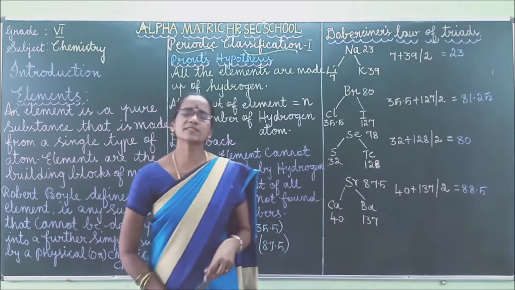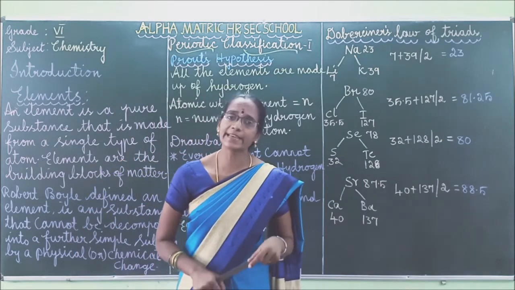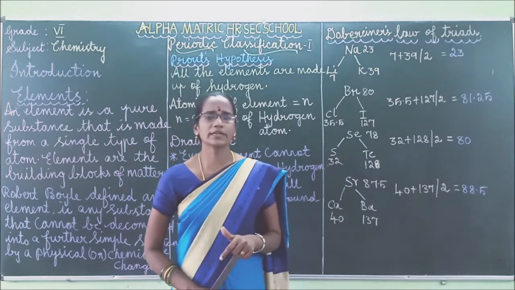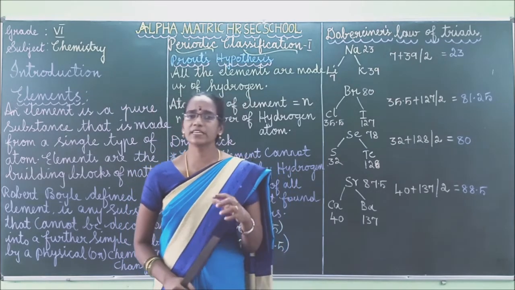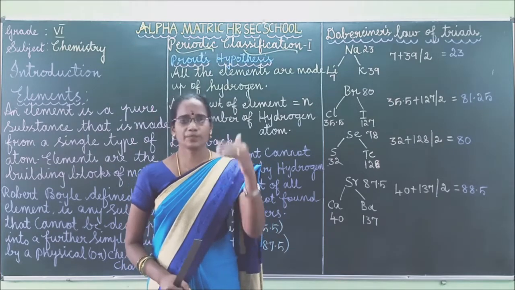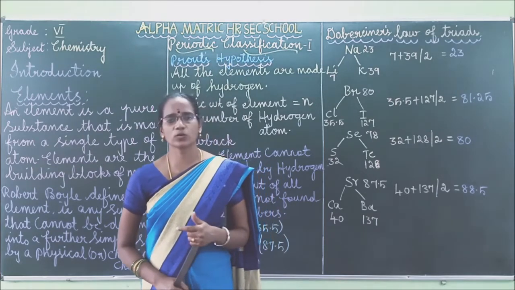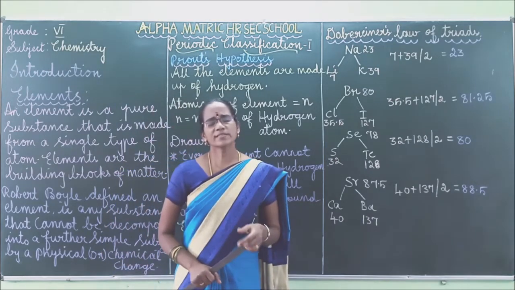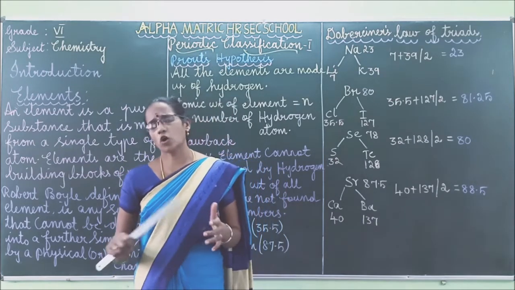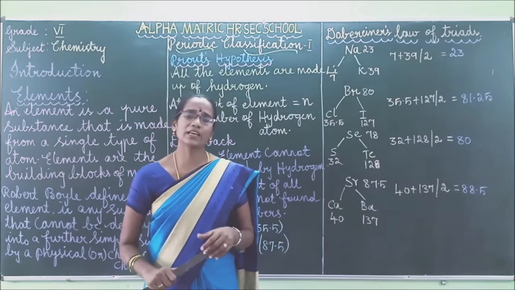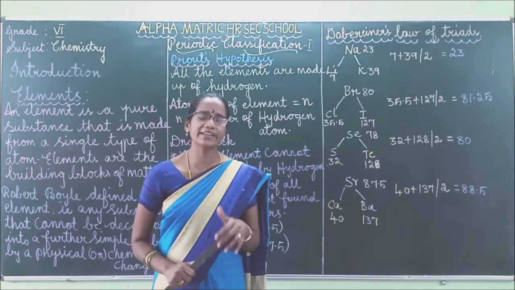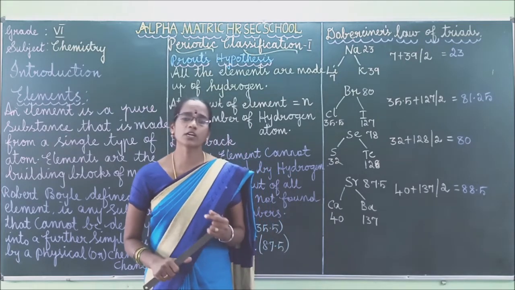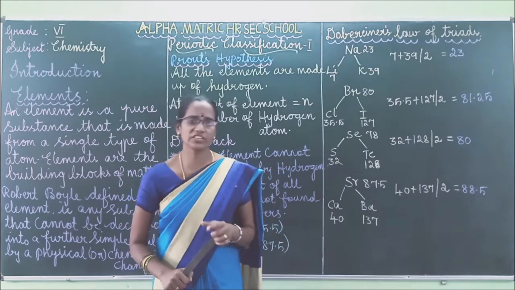So scientists started thinking about various methods to arrange the elements in a simplified way. They organized the different elements in the periodic table based on their common characteristics and features, right?